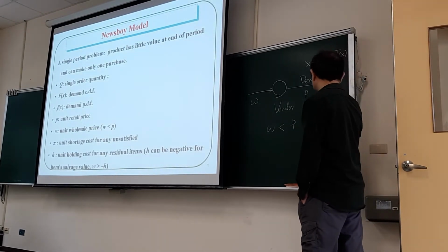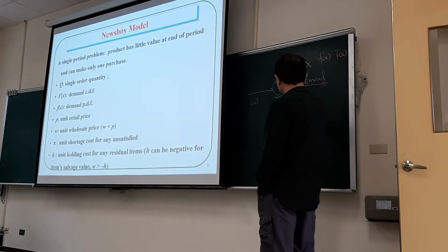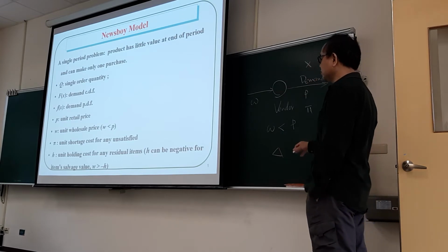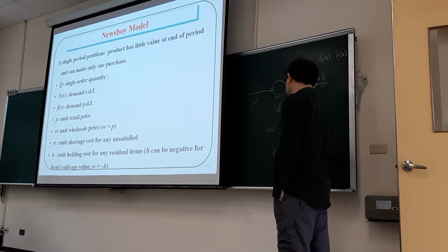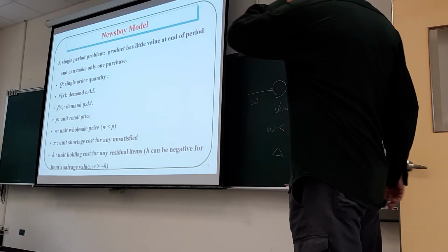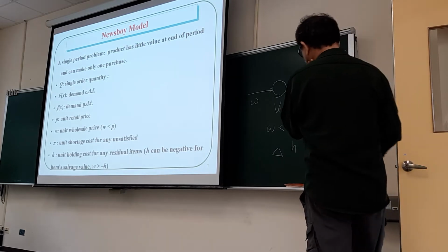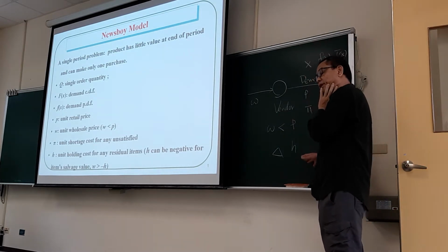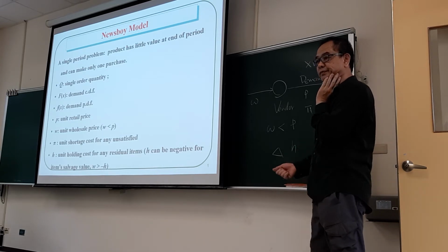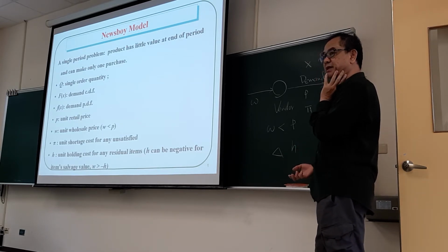So H is what? Whatever is left. Most of the time we will use a triangle to indicate the inventory holding cost. The unit holding cost for any residual items. But it's different from the usual holding cost: it can be negative. What does that mean?